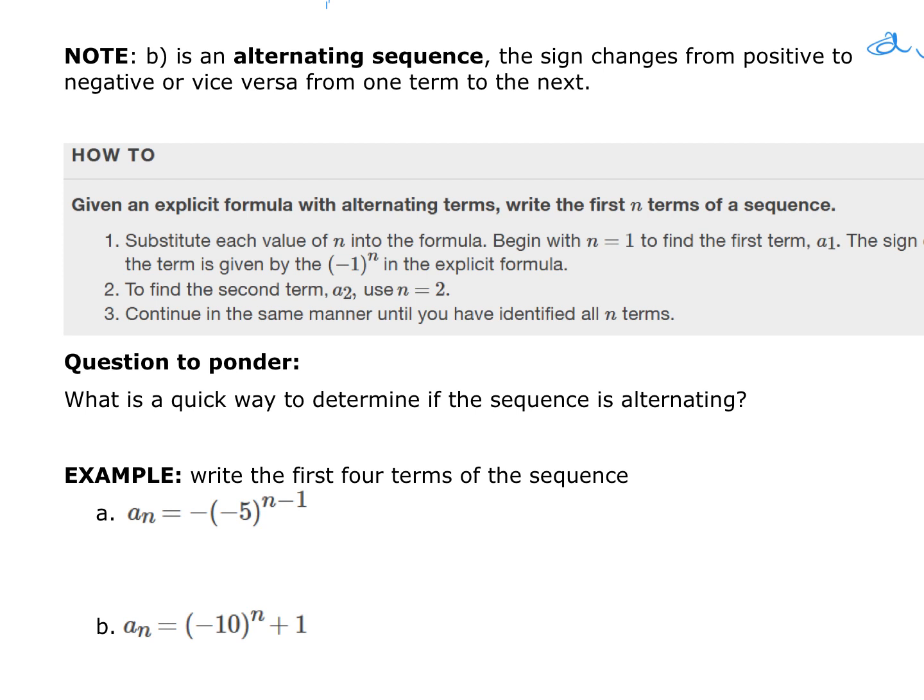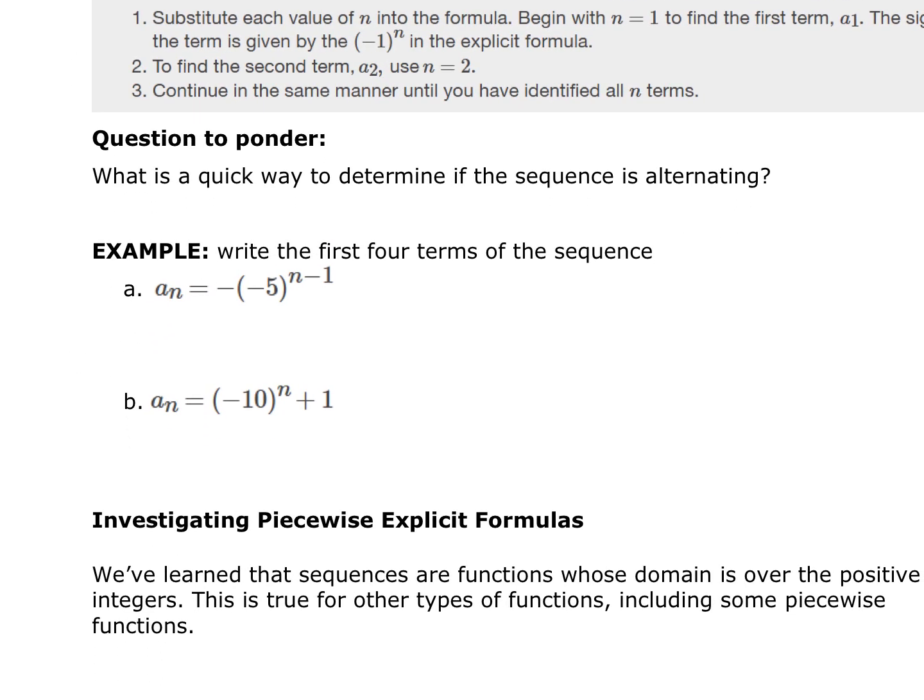If you're given an explicit formula with an alternating term, write the first n terms of the sequence and substitute each value of n in there, with n being 1, so a sub 1, and then pay attention to when you switch signs, and they will alternate. So what is a quick way to determine if your sequence is alternating? You just look at the signs. If it's negative then positive or positive then negative, we know it's an alternating sequence.